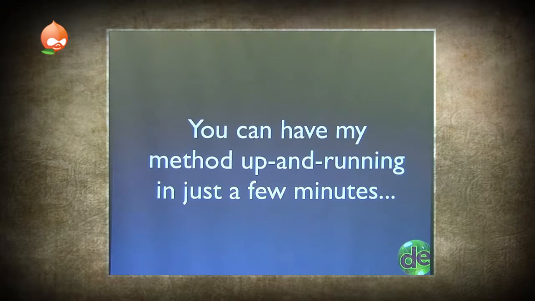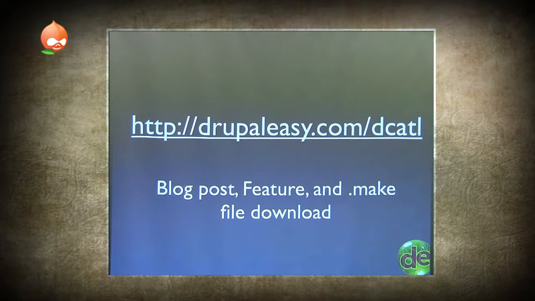So one thing I've done is everything I'm about to show you, you can have up and running very quickly. This is a link to a blog post I'll show you in a few minutes. Hopefully it should be easy to remember the URL there. If you can remember where you are right now, we should be in good shape. I've created a feature out of all this stuff.